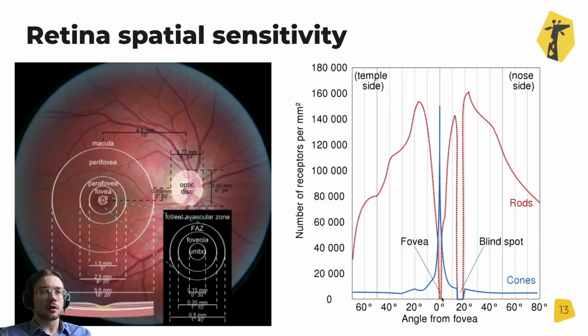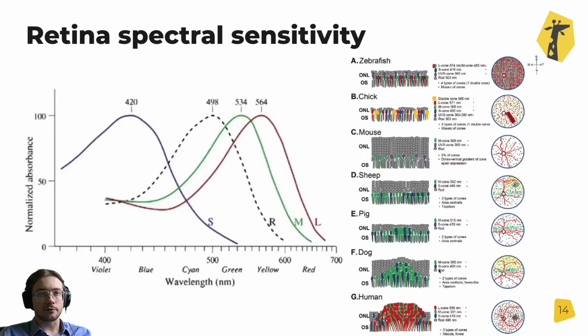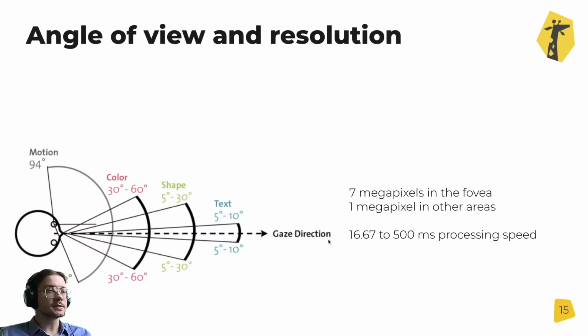In fact, we have this foveal space of about 5 degrees, and if you want to estimate your fovea, you could place your hand like this and look at the tip of your finger on your nail. If you look at your nail, this is the angle that your fovea has.